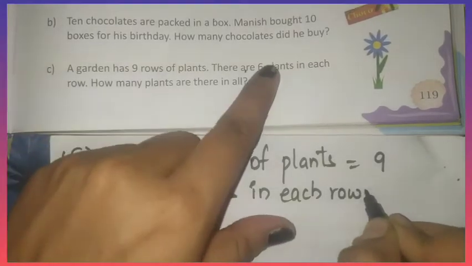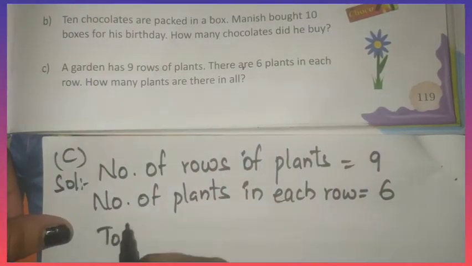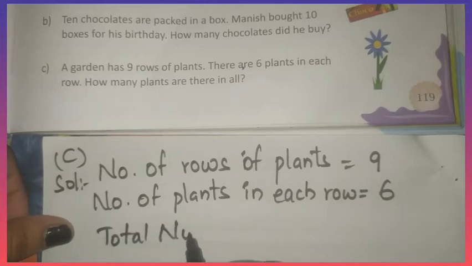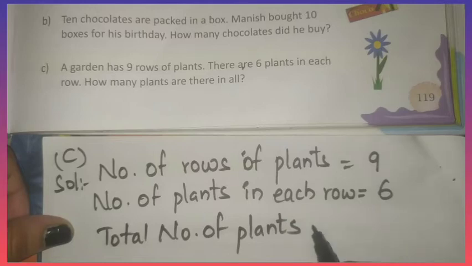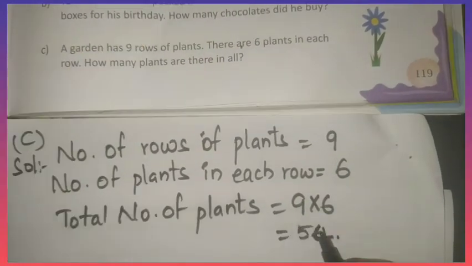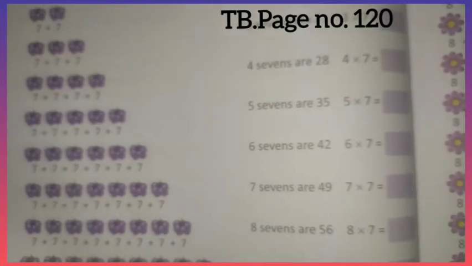How many are there? 6 plants. So total number of plants. Let's multiply. Total number of plants, 9 into 6. 9 6s are 54. Okay, this is C answer.